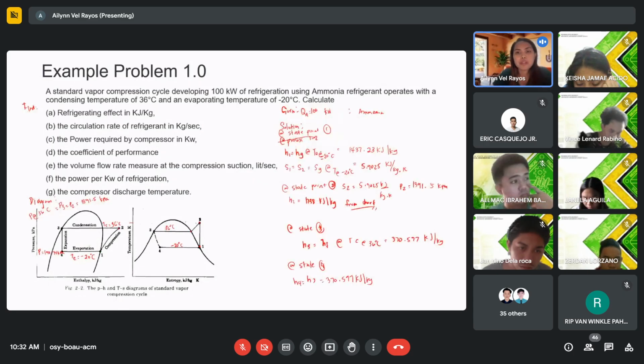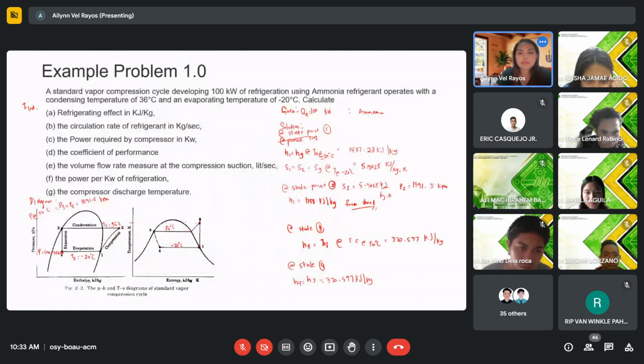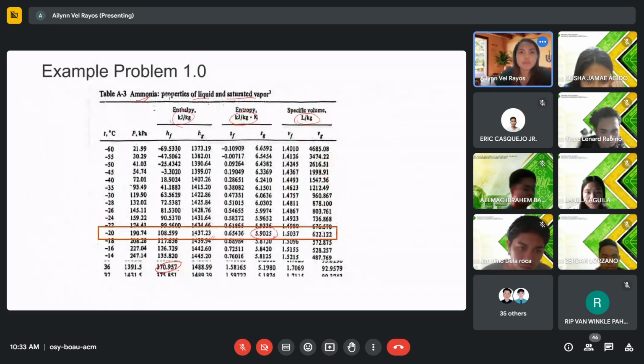This is our sample table for ammonia. Take note, you will find this in your ammonia table. There are also many values given in our table for R11, R12, R22, but again, ammonia is our refrigerant.